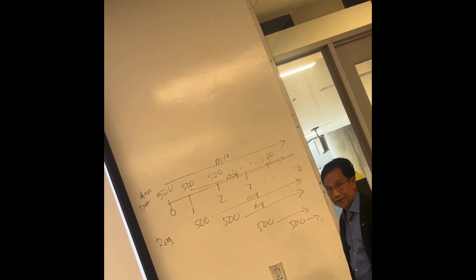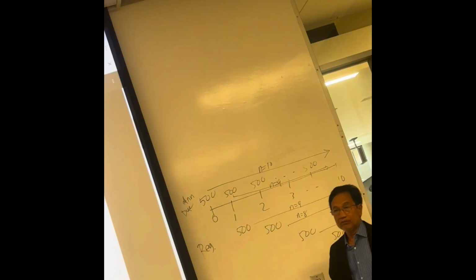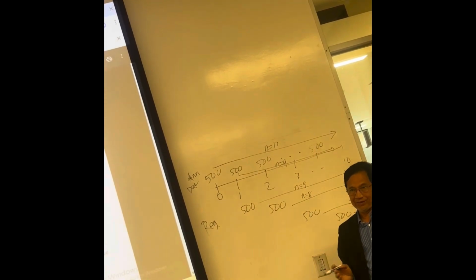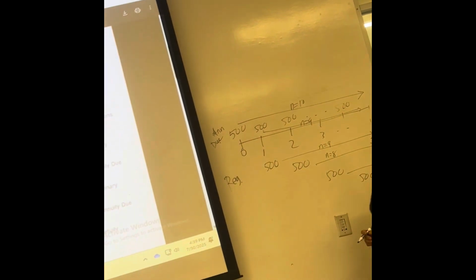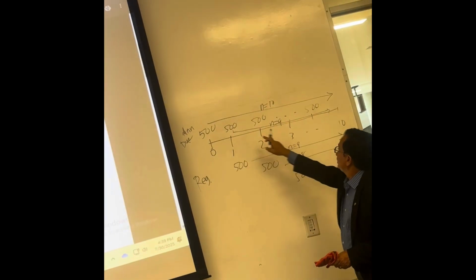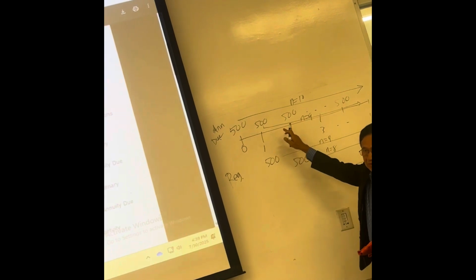So the difference is that with annuity due, money is working for an extra period. Here 9, but here 10. 8, but there 9. Okay?